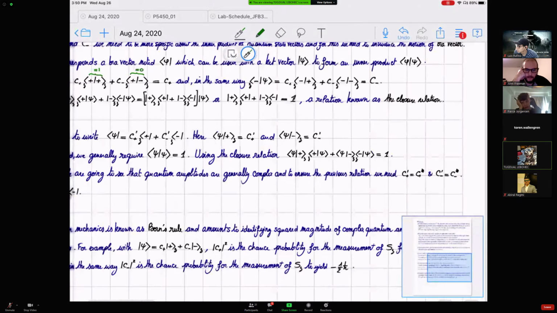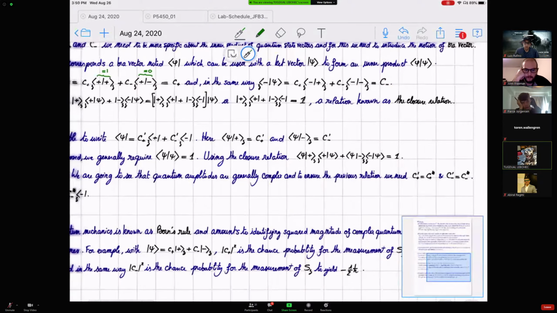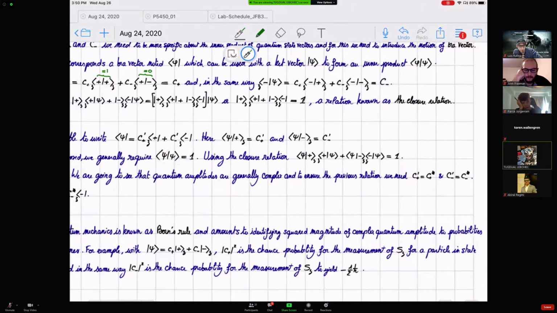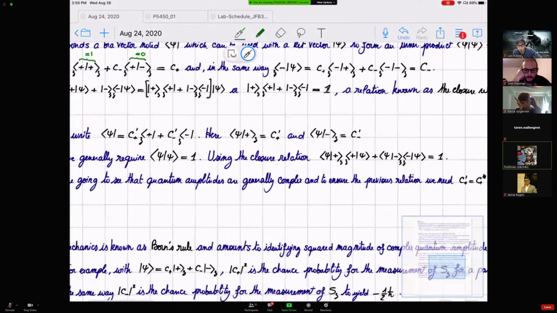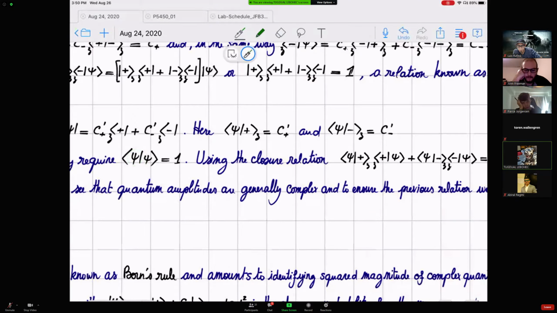And in this normalization condition between the bra and the ket, we can insert the closure relation. And again, the closure relation is that thing. It's a thing that does nothing, right? It's like multiplying by 1.